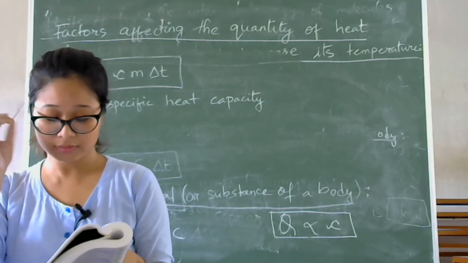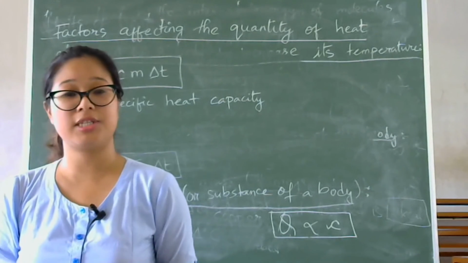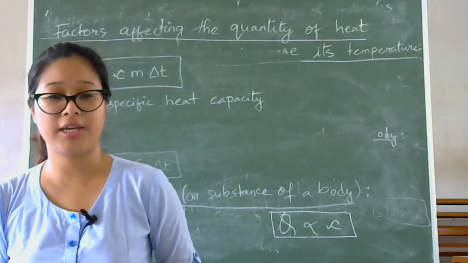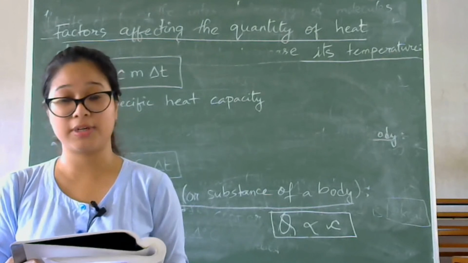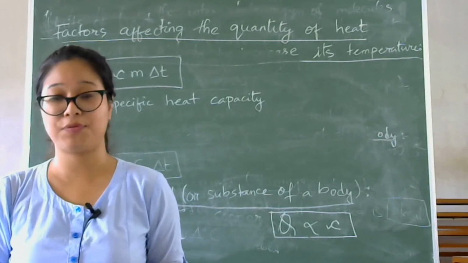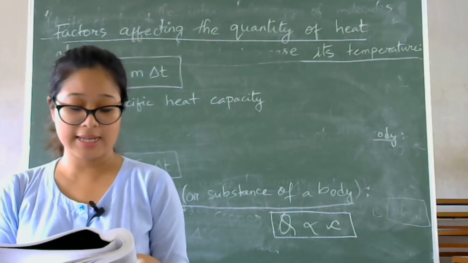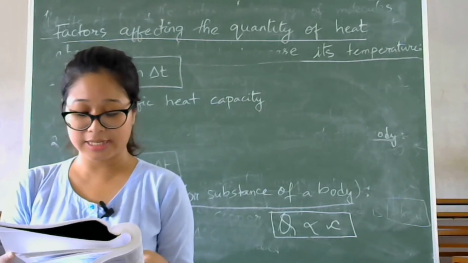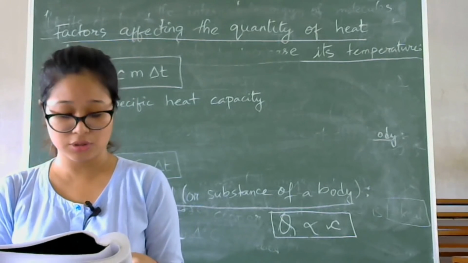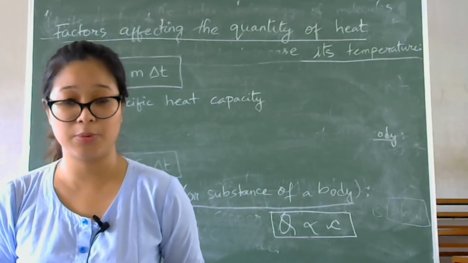And the next point is that two bodies having the same quantity of heat may differ in their temperature. And in temperature, two bodies having the same temperature may differ in the quantities of heat contained in them. And the last difference, point number 6: when two bodies are placed in contact, the total amount of heat is equal to the sum of the heat of the individual bodies.